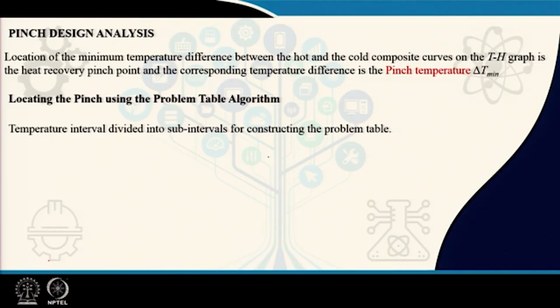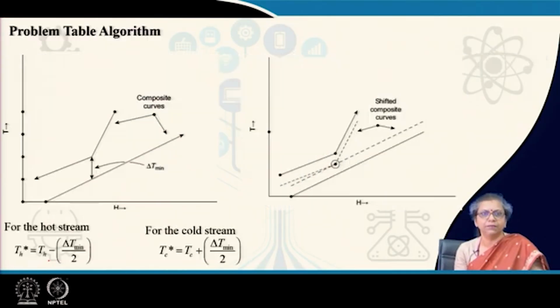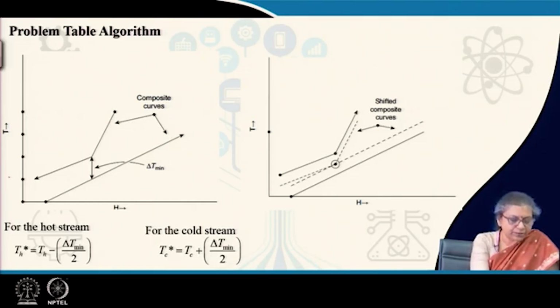Now, in the problem table algorithm also, the logic is almost the same. What is considered is that when there is a delta T min and the cold and hot composite curves are drawn, the temperature scale is divided into a number of intervals. Say in this case it is divided into 4 intervals: this is T1, T2, T3, T4, T5.